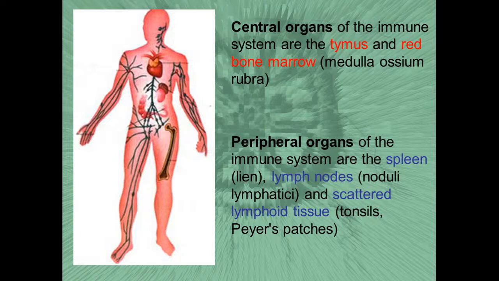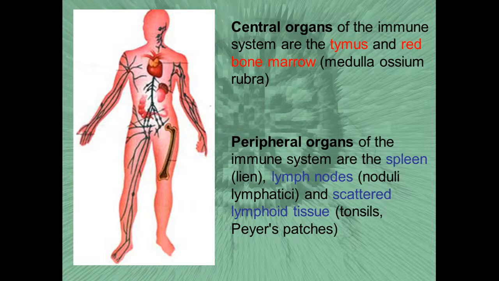The immunity is the special mechanism of the body's protection against the genetically foreign information, genetically foreign substances, through the specific mechanism, specific reaction between the antigens and antibodies.